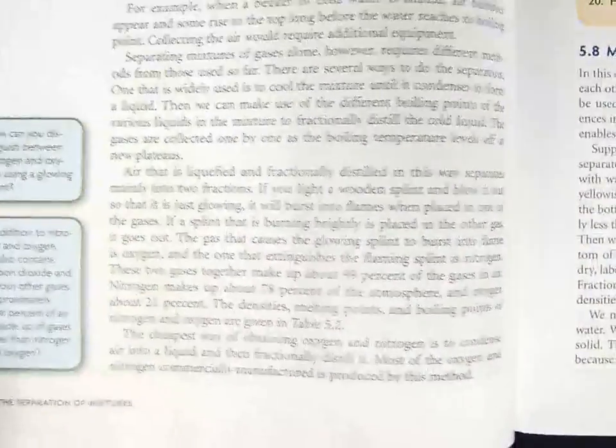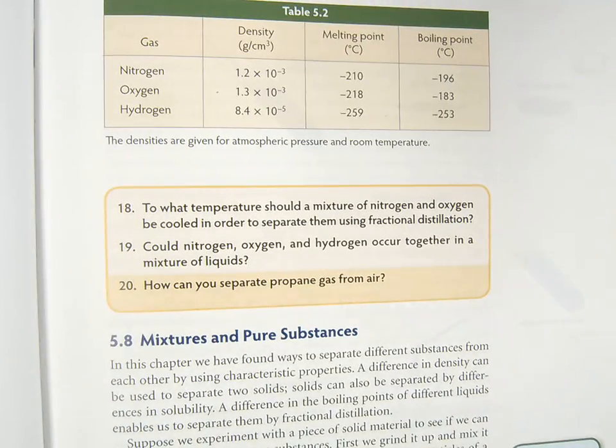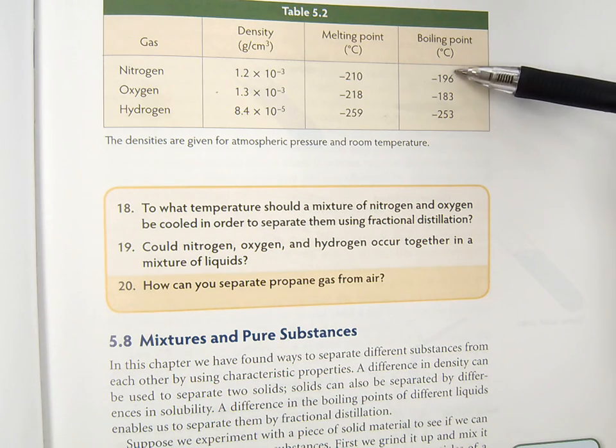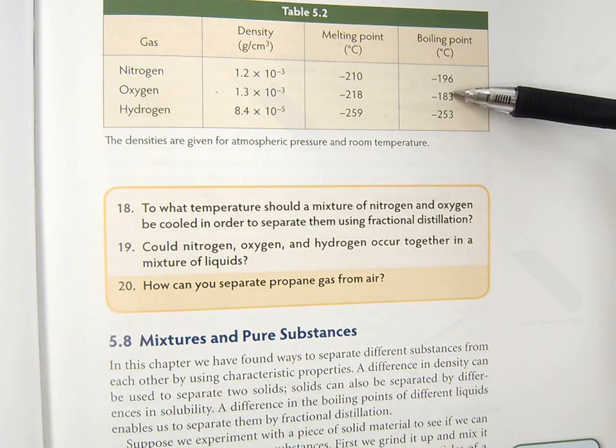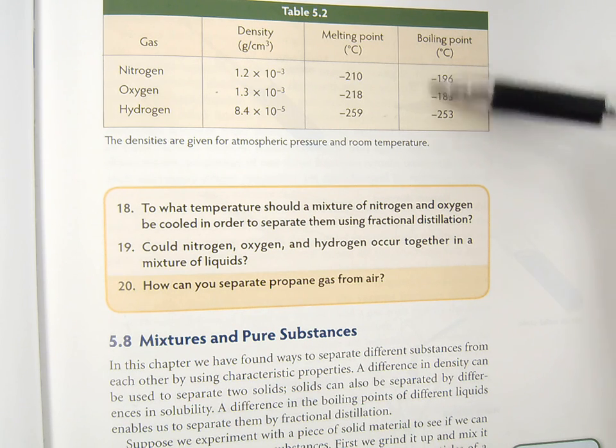And then 18 and 19. To what temperature should a mixture of nitrogen and oxygen be cooled in order to separate them using fractional crystallization? So if we have a mixture of nitrogen and oxygen, if you look back to section 5.7, the first step in the process is to liquefy those two gases.